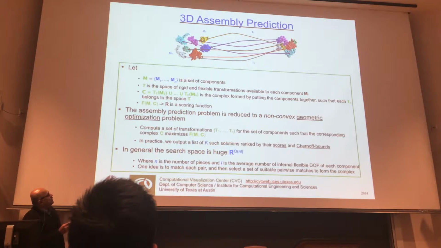Then this complex that I'm trying to predict is nothing more than the transformation that maps each model under this transformation, and the union of that is what I want to predict. But since I'm doing this computationally, I must have a scoring function that predicts how good my prediction is from the true solution. So this scoring function I call F. So the assembly prediction problem is reduced to something called a non-convex geometric optimization.